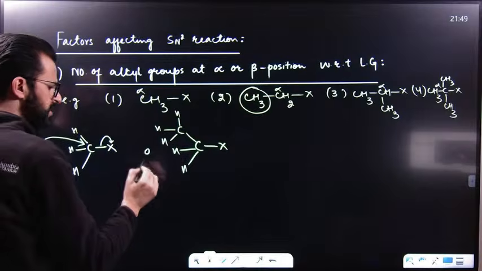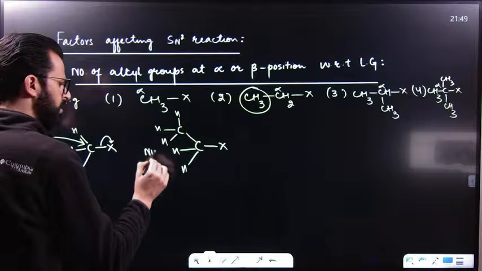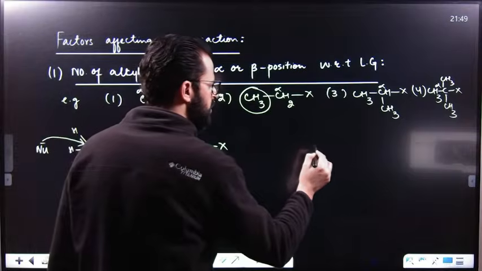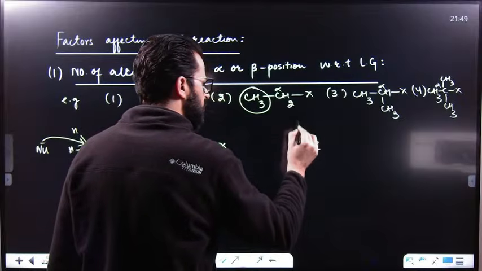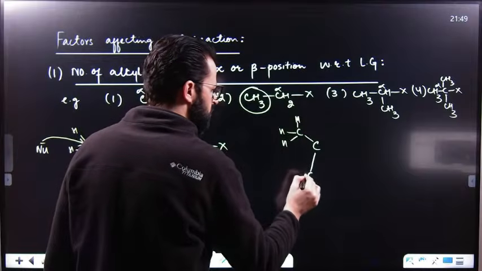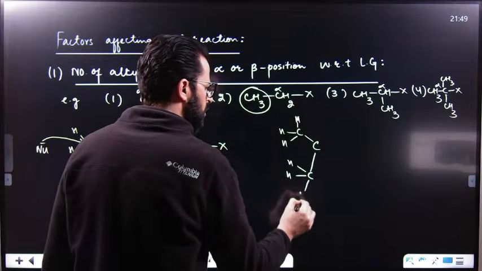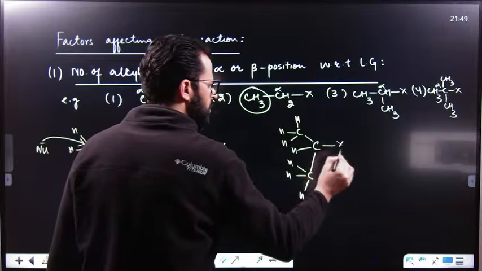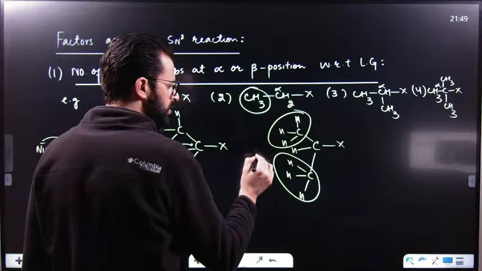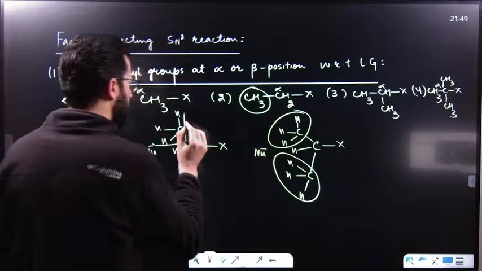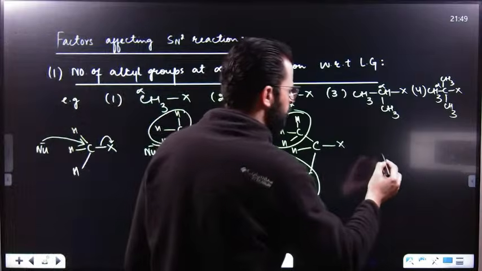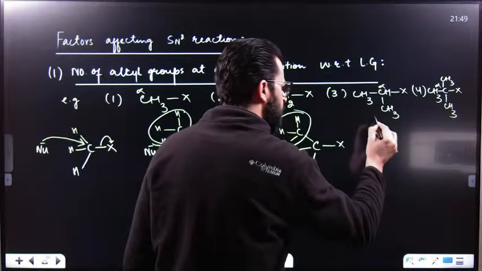That means this nucleophile will attack but feel a little hindrance due to this CH3 group. Now, if another CH3 group is there, C, H, H, H, and then X, because of this and this, there will be more hindrance to the nucleophile. Here hindrance was because of one alkyl group, here hindrance is because of two alkyl groups, and here hindrance is because of three alkyl groups.